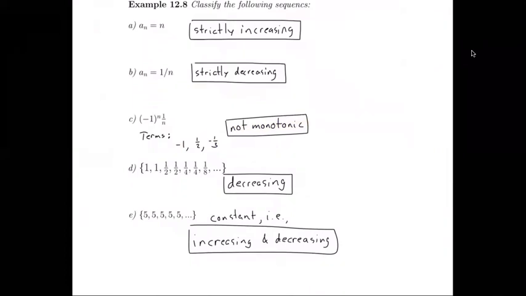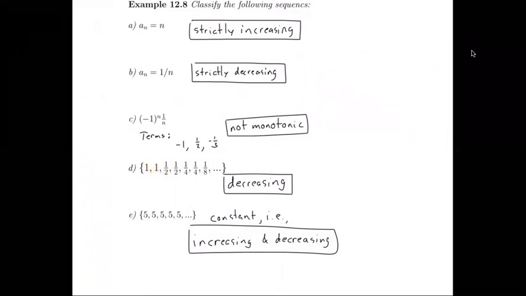So for this sequence, we have 1, 1, 1/2, 1/2, 1/4, 1/4. Looks like it's going to double each of its positions. Note that between 1 and 1, 1 is not strictly less than 1. It's not strictly greater than 1 either. But as we go from 1 to 1/2, it looks like we decrease.